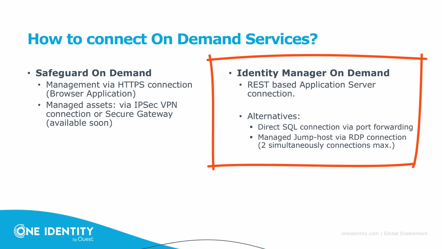In that case, a direct SQL connection is provided via a port forwarding, but that is only for black belted administrators, because this is a direct connection to identity management manager engine. Last but not least, we also provide a managed jump host via RDP connection, but be careful because that only supports 2 simultaneous connections maximum.